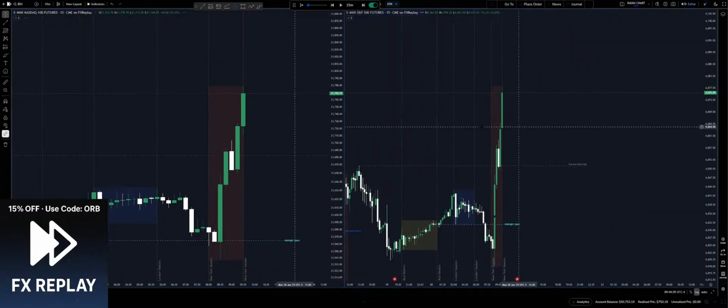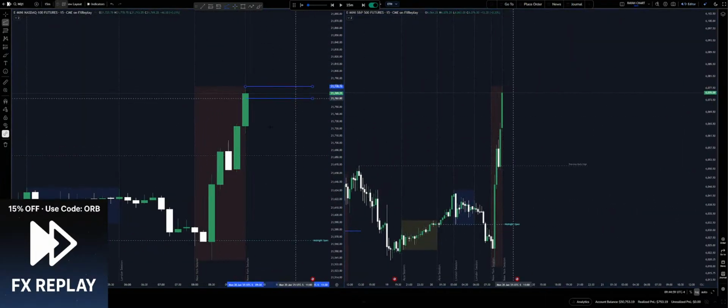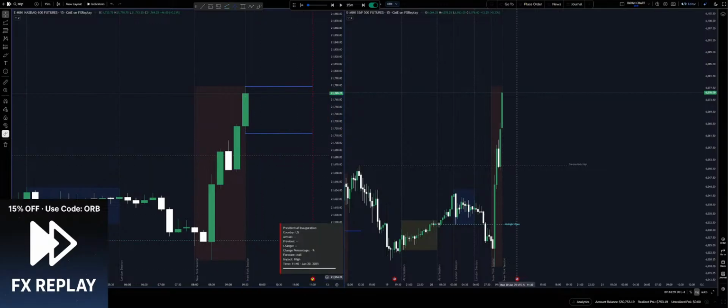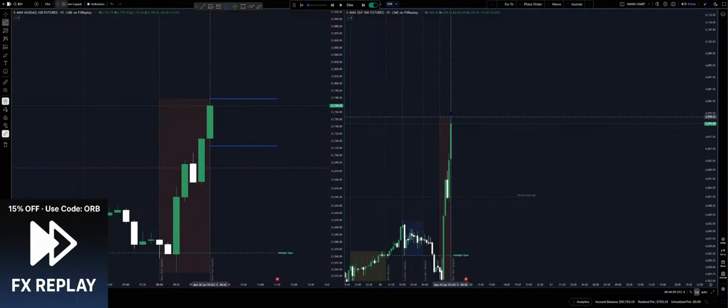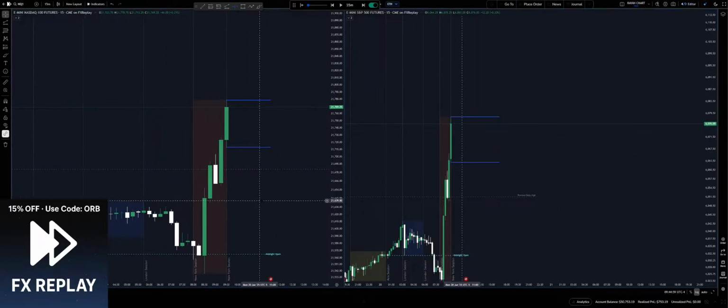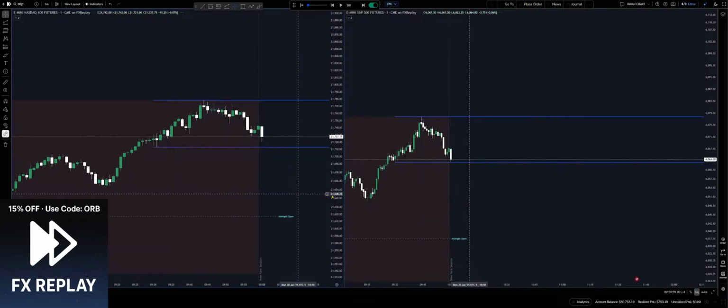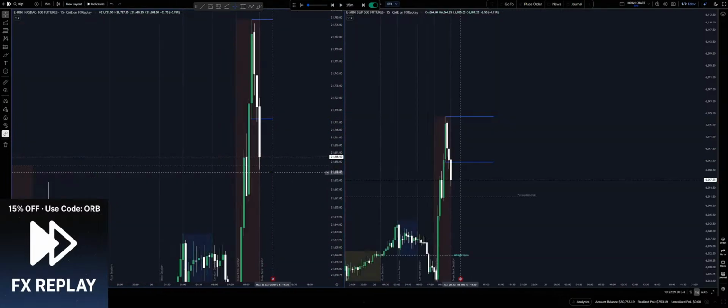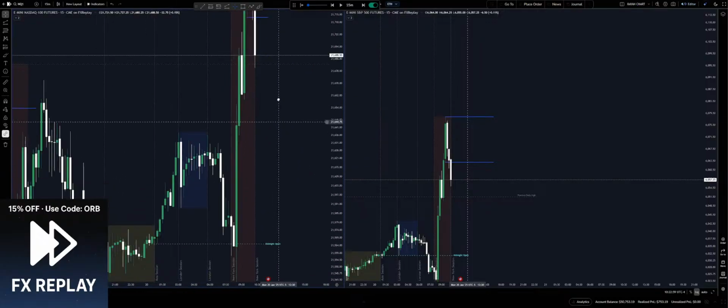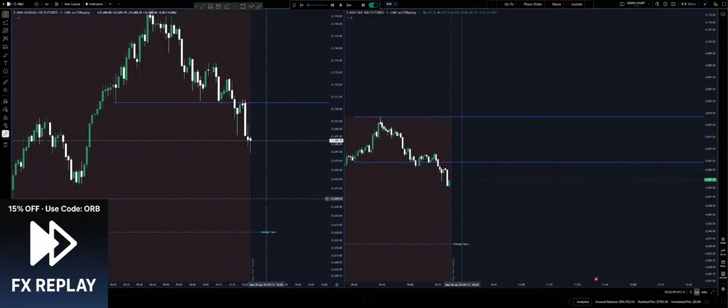Or 20 January. High and low. Wait, what is this? No, this is fine. London low been swept, so we're gonna be looking for longs in this case.